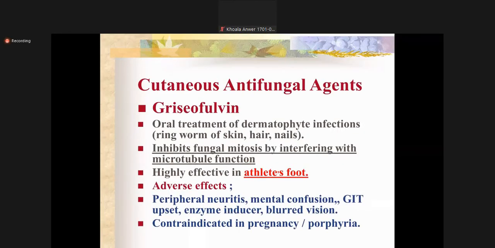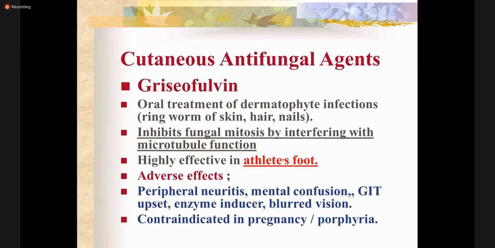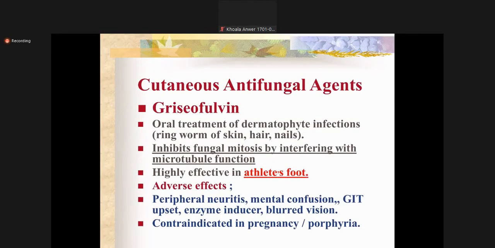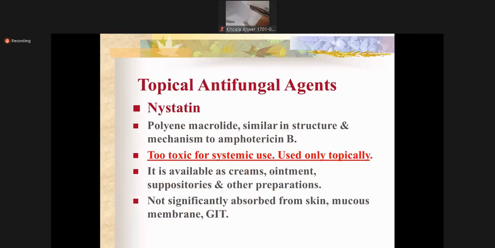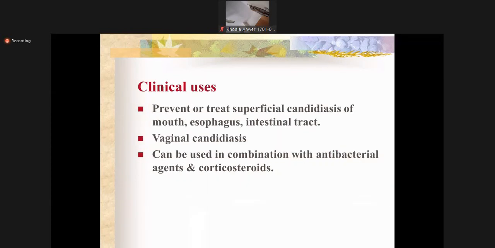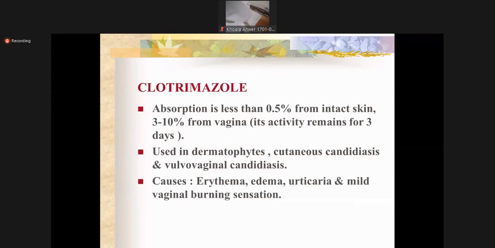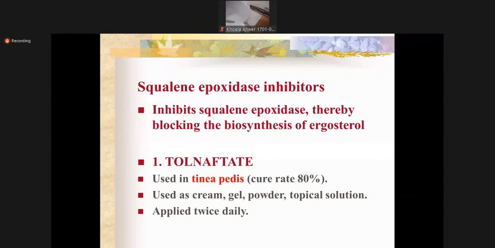And then we discussed cutaneous and topical infection, where griseofulvin is a drug of choice for athlete's foot. Then we have imidazoles like ketoconazole, miconazole, clotrimazole, and nystatin, which is very similar to amphotericin B. Then finally we discussed the squalene epoxidase inhibitors. They are the new drugs.